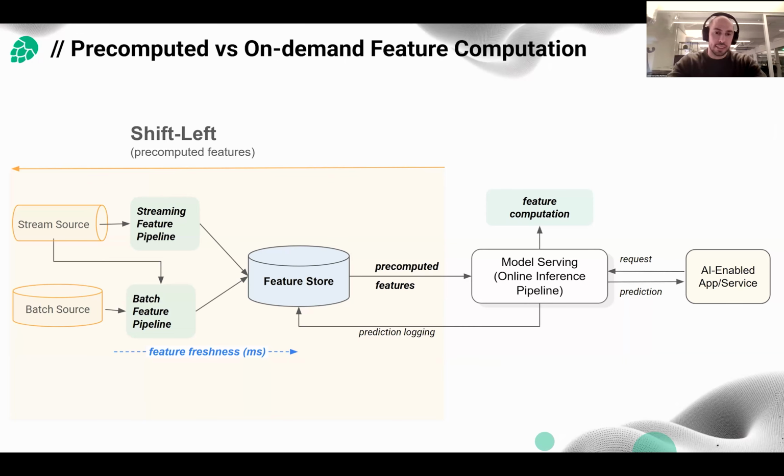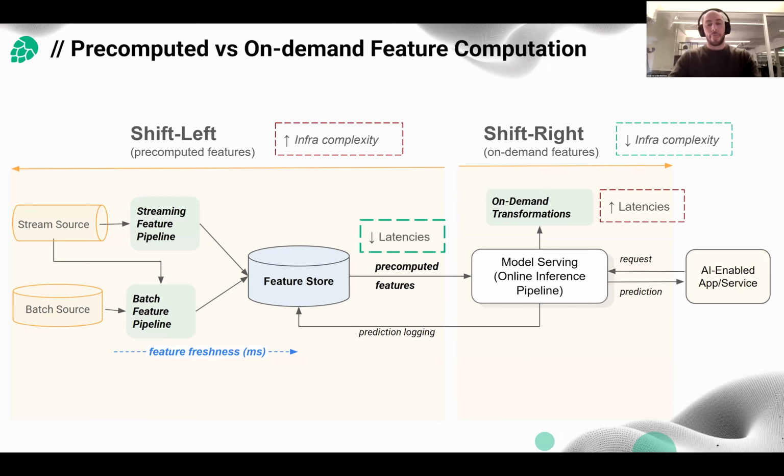We tend to refer to these features as pre-computed features. The features computed on demand at prediction time using the request parameters, on the contrary, we refer to as shift right computations. And there is no one-size-fits-all solution in this case.